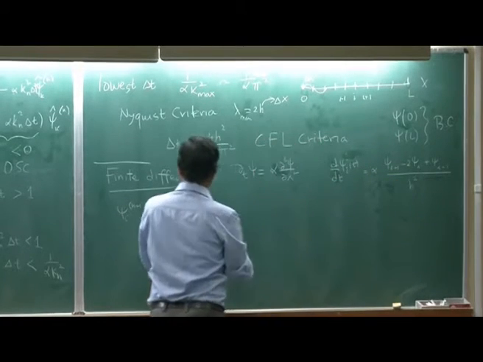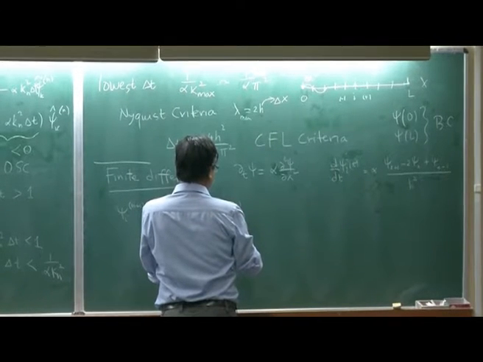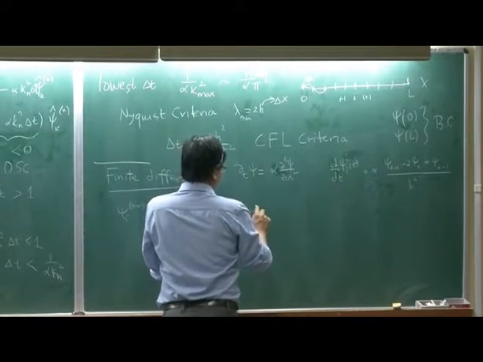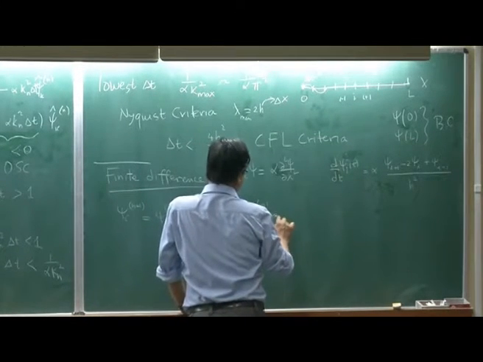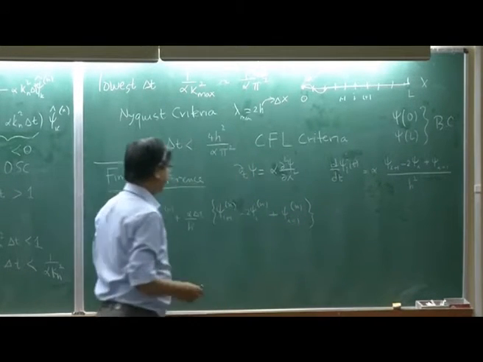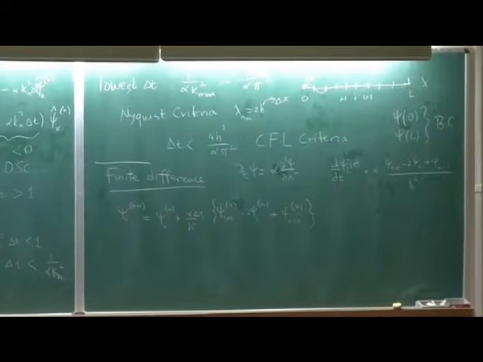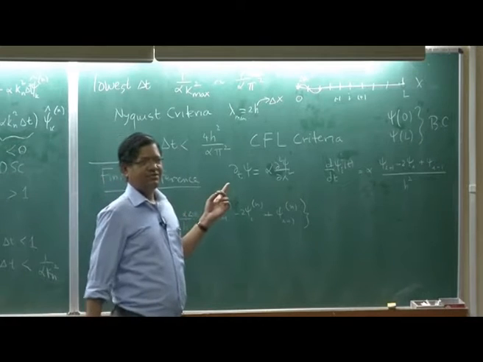So it should be psi i n plus 1 equals psi i n plus the finite difference term. Now in principle I have solved the problem. I just have to put it in a computer and solve it. Instead of one ODE you have to solve ODEs for all the points except the boundaries. So this is finite difference.